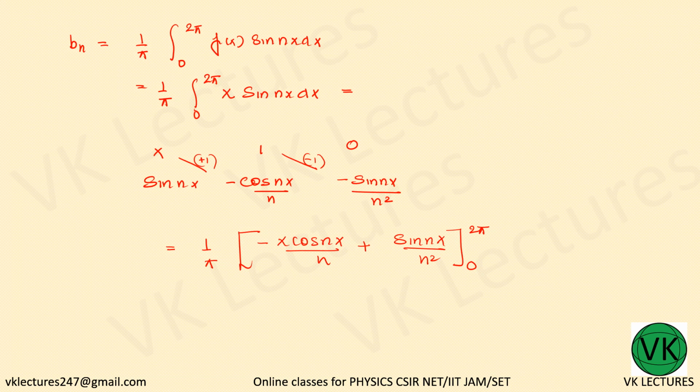So 1 by pi times minus 2 pi by n, cos 2n pi is 1, so that's equal to minus 2 by n. So this is equal to bn.